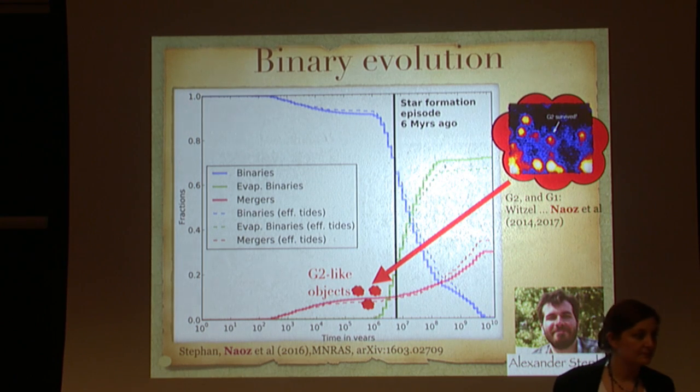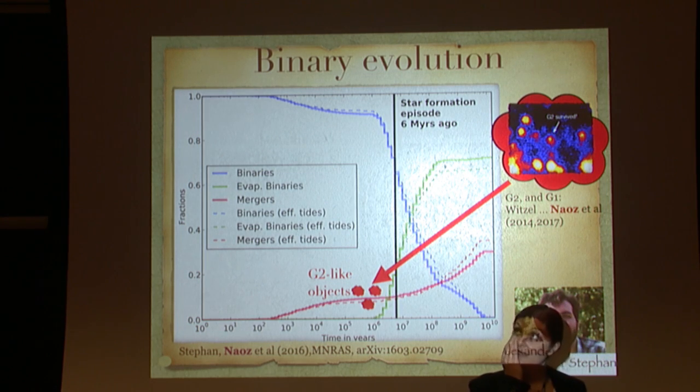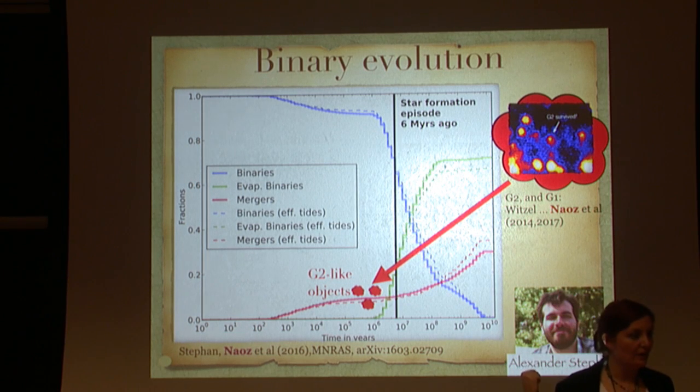What are you assuming for the semi-major axis distribution of the binaries? The inner binaries? Let me see if I remember correctly. In this case, we may have taken them from Duquennoy and Mayor. These were Salpeter, so this is a Salpeter mass distribution, and we used the Duquennoy and Mayor distribution for it.